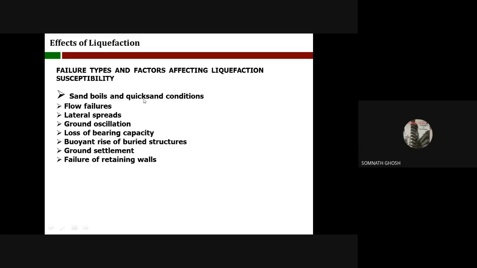Now, sand boils, quicksand condition. You all know quicksand condition, and this is happening. Toe failure, lateral spread, ground oscillation, loss of bearing capacity, buoyant rise of buried structures, ground settlement, failure of retaining walls. There are many.